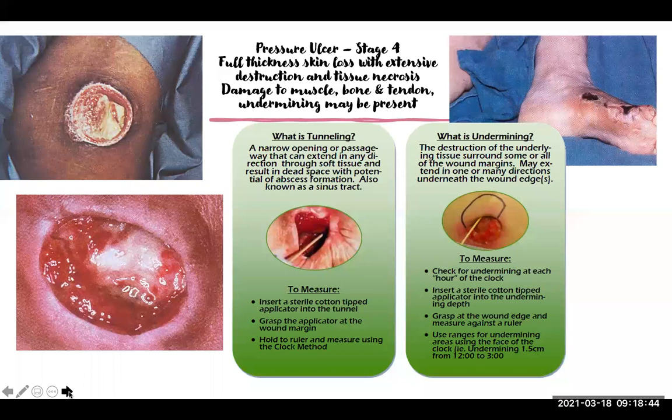It's called a sinus tract, okay? So again, you would take a sterile toothpick, and you would go in as far as you could to try and measure how deep the tunneling takes place, and you would describe it again with the face of a clock where the tunneling is in the wound.